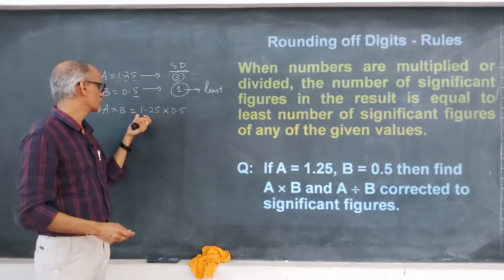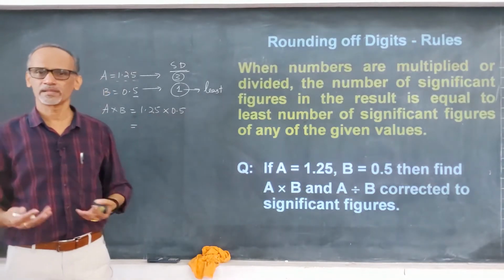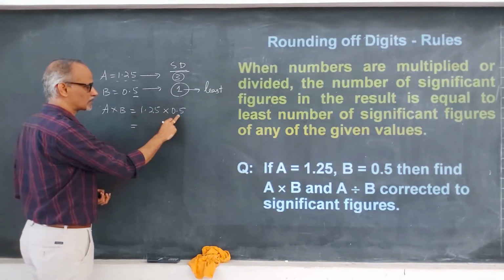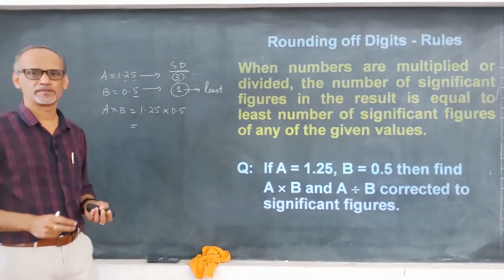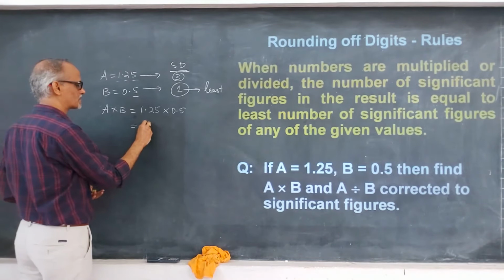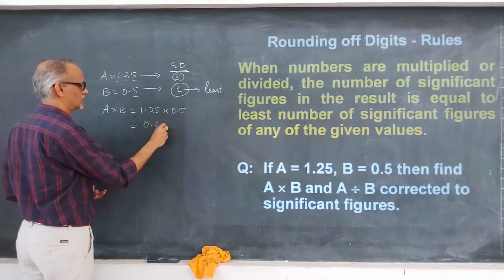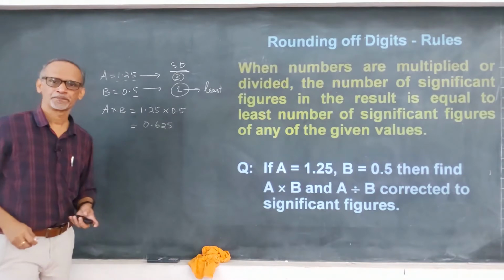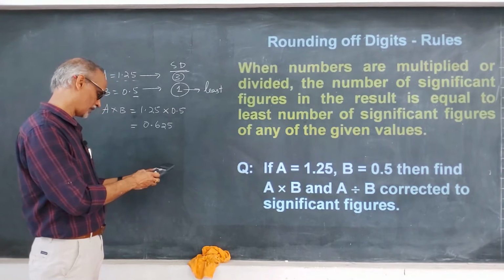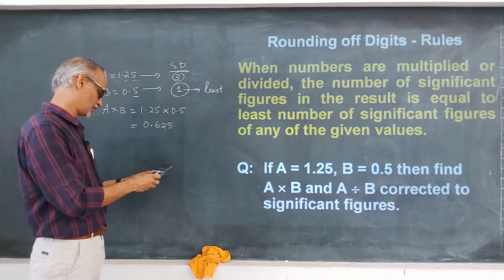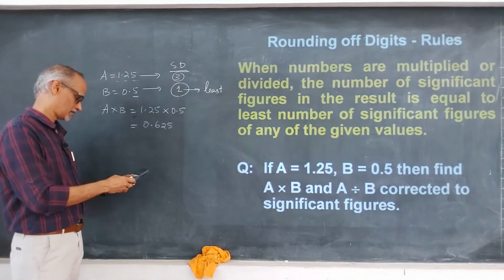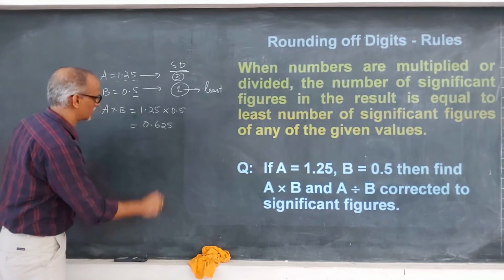You can use the calculator for this, or you can also calculate without the calculator. See, 1.25 into 0.25 is 1.25 into half of 1.25, which is 0.625. You can verify that, and again you can use the calculator and check. That's correct. Now this is the result.